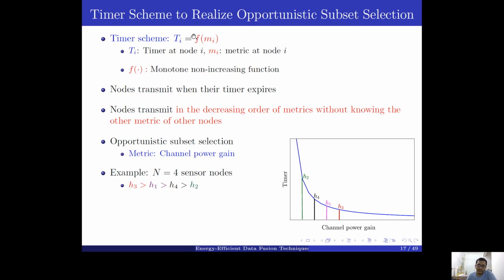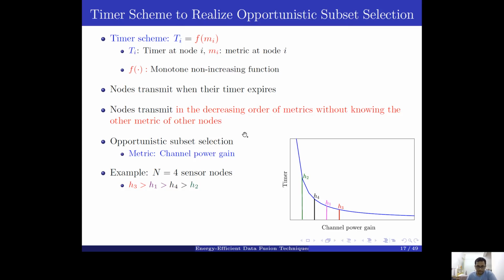The higher the value of the metric, the lower the timer, and the node will transmit when its timer expires. This timer-based scheme ensures that the nodes can transmit in the decreasing order of their metrics without knowing the metric of any other node.